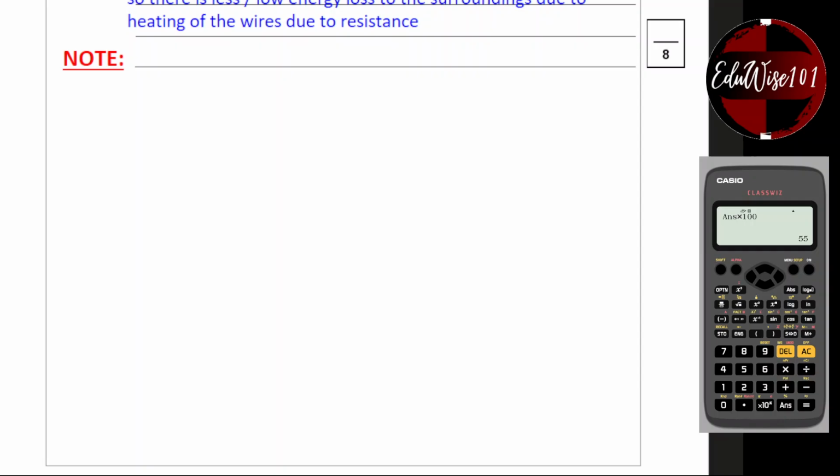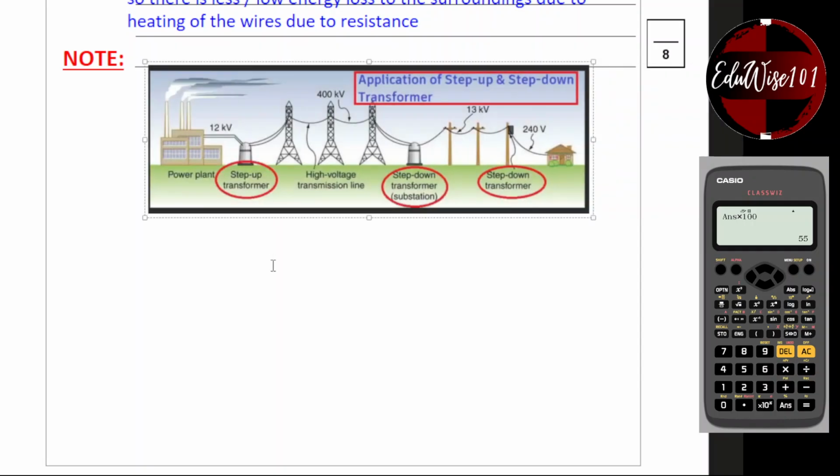So here's a little bit of notes on the national grid. This image shows the power plant where it's generating a potential difference of 12 kilovolts, and it's supplied to a step-up transformer which increases the voltage to 400 kilovolts in the high transmission cables, and then it's reduced to 13,000 volts by a step-down transformer, and then it's stepped down again to 240 volts so that it's safe for use by the consumers.